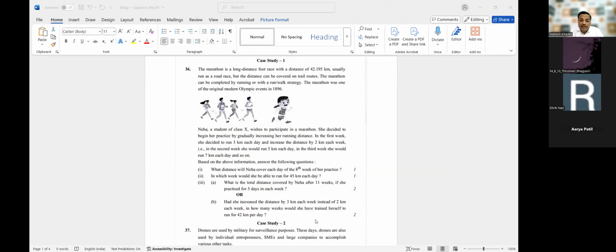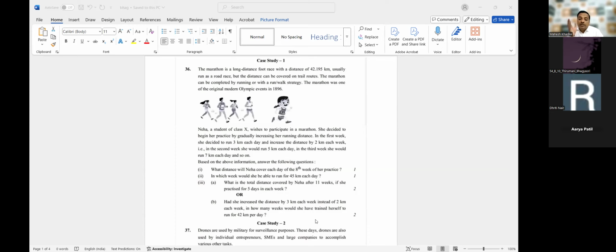She decided to begin practice by gradually increasing her running distance. In the first week, she decided to run 3 kilometers each day. Increase the distance by 2 kilometers each week. First day 3 kilometers, and after each week 2 kilometers, means first week 3 kilometers, second week 5 kilometers.